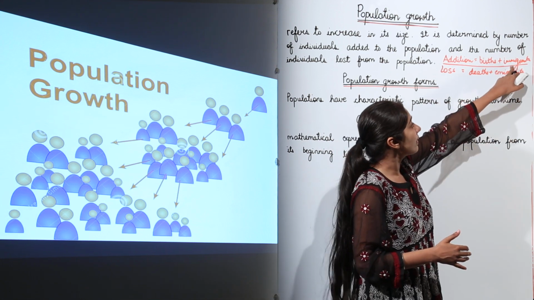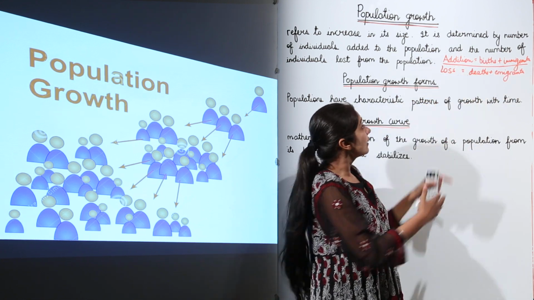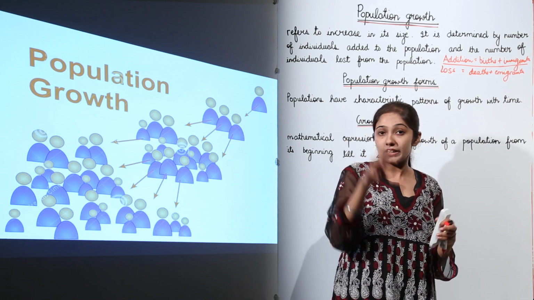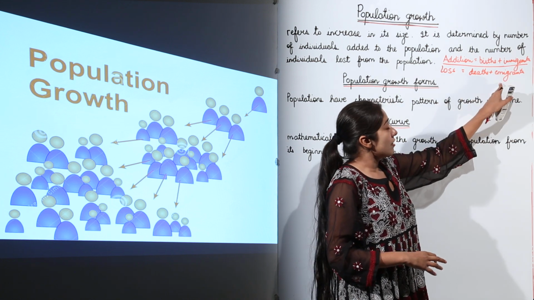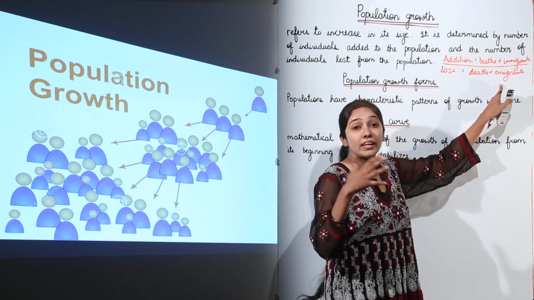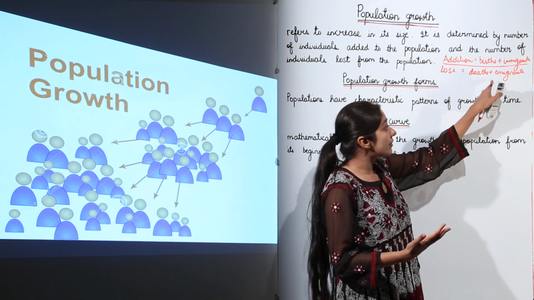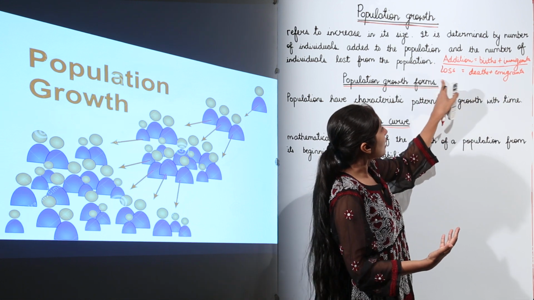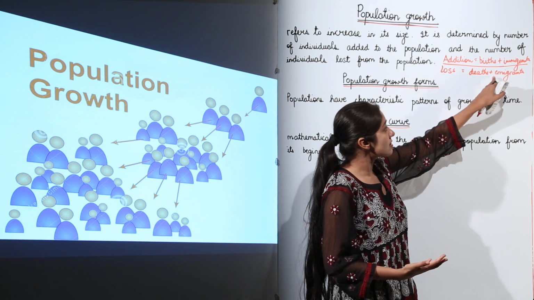They are immigrants and they add to the population size. Many Indians go abroad and settle there. They are emigrants because they have left the country, so they come under the lost individuals, that is deaths plus emigrants.